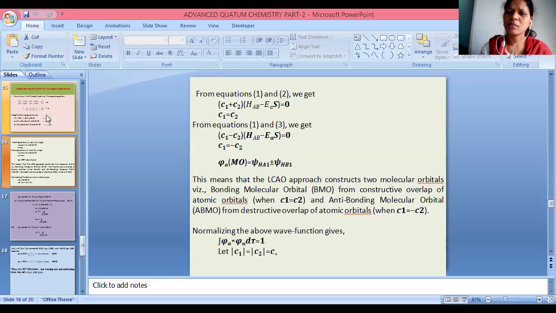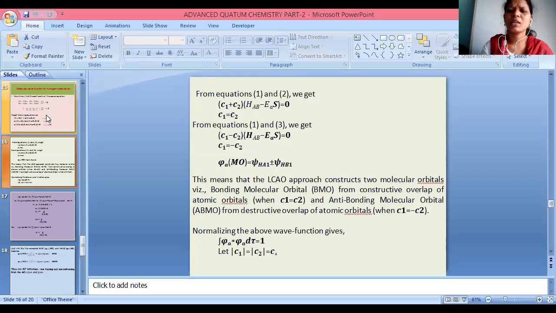And another one is the anti-bonding molecular orbital, from destructive overlap of atomic orbitals, when C1 is equal to minus C2.